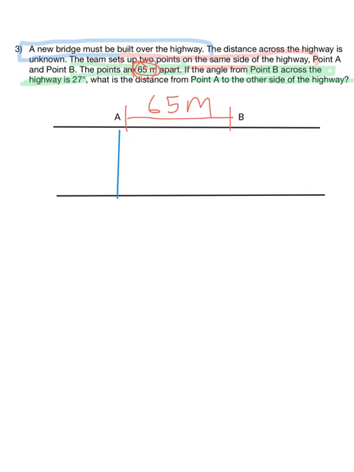We do not know how long this is, so this would be side X. To finish up the triangle, we're going to put another line that goes from the other side of the highway to point B, where we are told we have an angle that is 27 degrees. Alright, so we've got our right angle there, we've got our triangle, we're now able to go and solve.